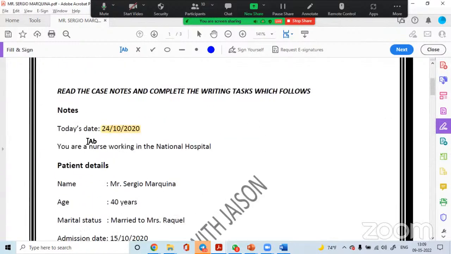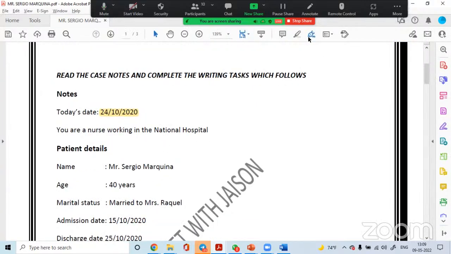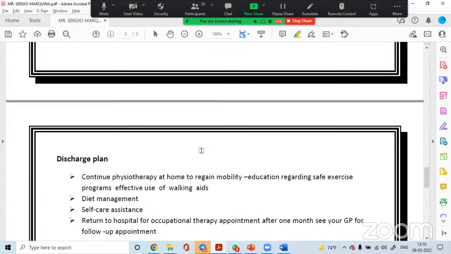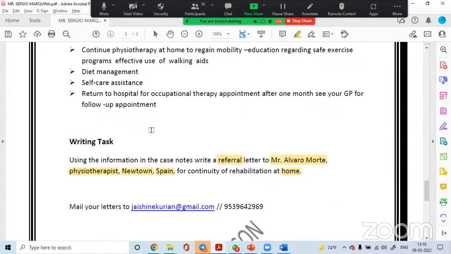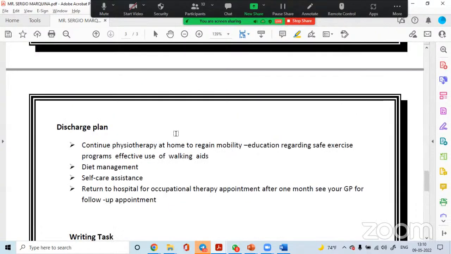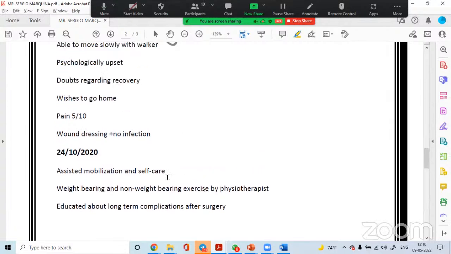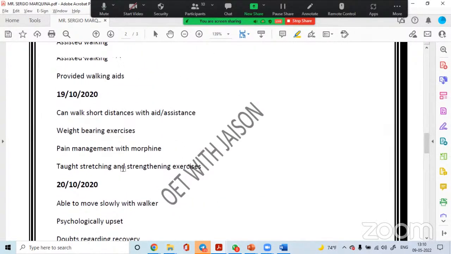Charge nurse, working in the national hospital. You're a nurse working in the national hospital. Okay, national hospital. And then you are, after surgery. Okay, so this is discharge also.